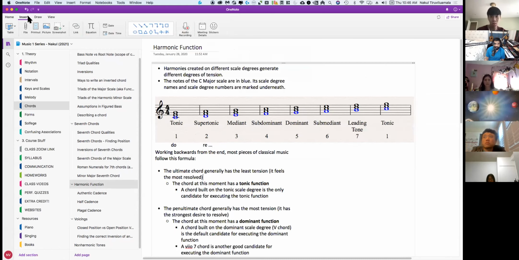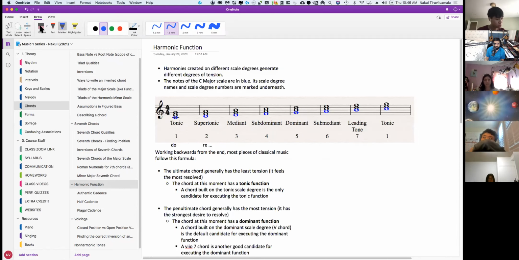So oftentimes, to be more specific, scale degrees will have this little caret symbol right there. Okay. And that refers to scale degrees. But the scale degrees also have names like tonic, supertonic, mediant, subdominant, dominant, submediant, leading tone. It's literally those names.